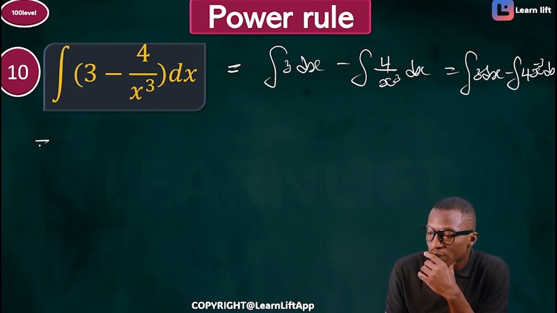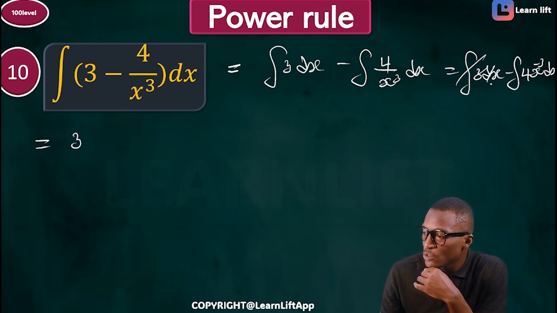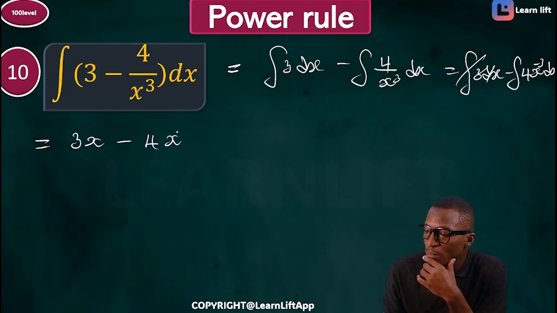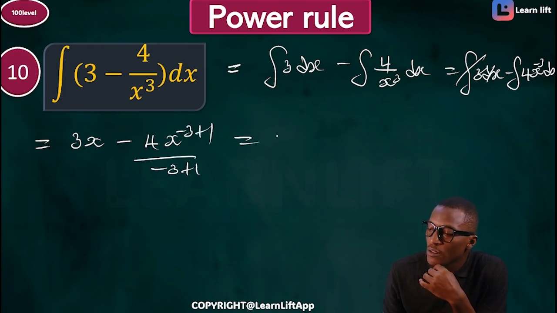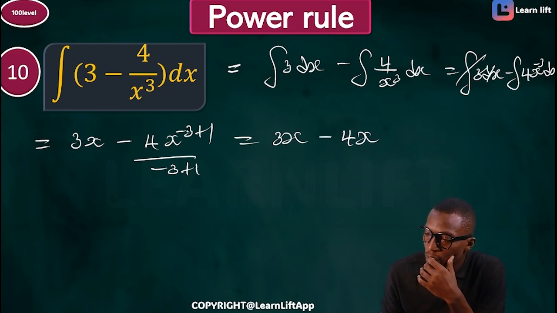So this will practically give me, because the antiderivative cancels the derivative, 3x. That will give me 3x minus 4x raised to power minus 3 plus 1 all over minus 3 plus 1. That will give me minus 2 all over minus 2 plus c.